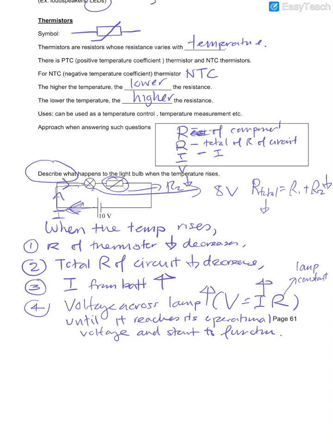But let me go on. I ask you, pay attention. We thought the voltage of the lamp is increasing. What happened to the thermistor's voltage? Increase or decrease? What do you say? Increase as well?